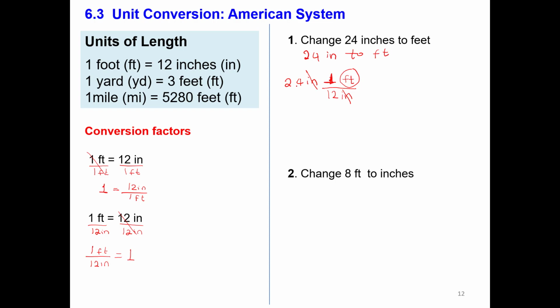Now 24 times 1 is 24, we have feet divided by 12 because the inches cancel out, and 24 divided by 12 equals 2 feet. Finally, we can say 24 inches equals 2 feet, and this is the answer.